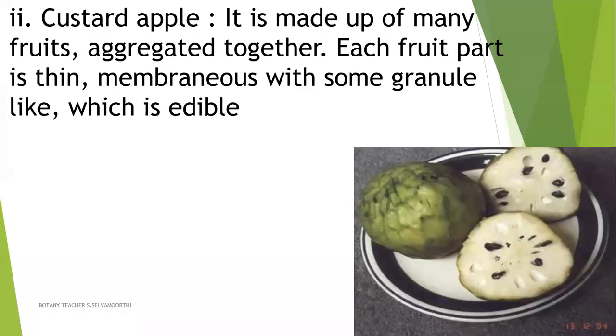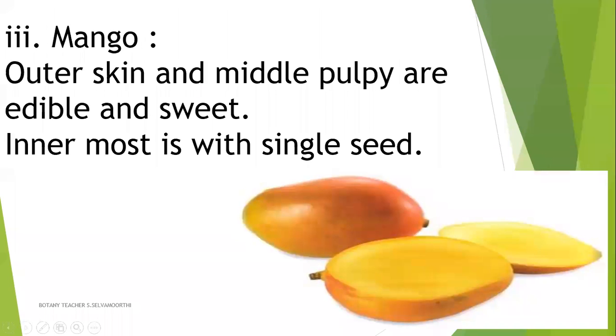The custard apple is made up of many fruits aggregated together. Each fruit part is thin and membranous, with granule-like edible portions. In the mango, the outer skin is covered, the middle is pulpy, edible and sweet, and the innermost part has a single seed.